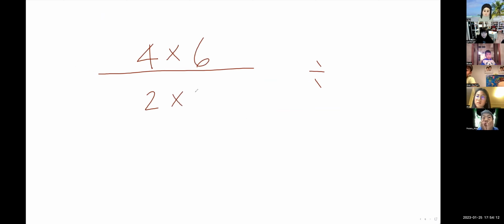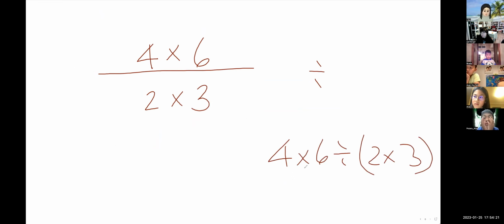Okay, so let me tell you another benefit of using the line instead of the division sign. For instance, we have 4 times 6 divided by 2 times 3. If you're using the division sign, it's 4 times 6 divided by 2 times 3, and there's a big possibility you're going to do 4 times 6 divided by 2, then times 3. So the answer is what?